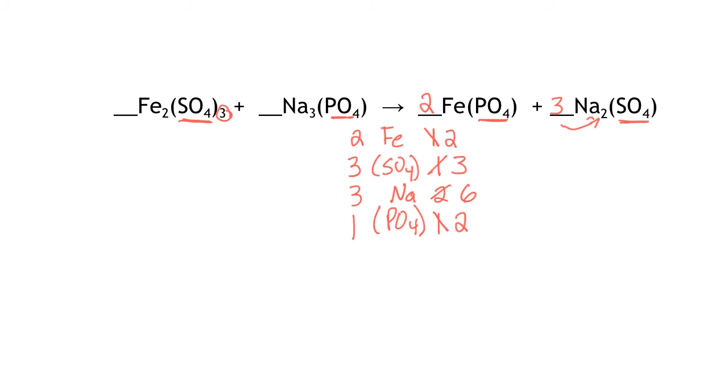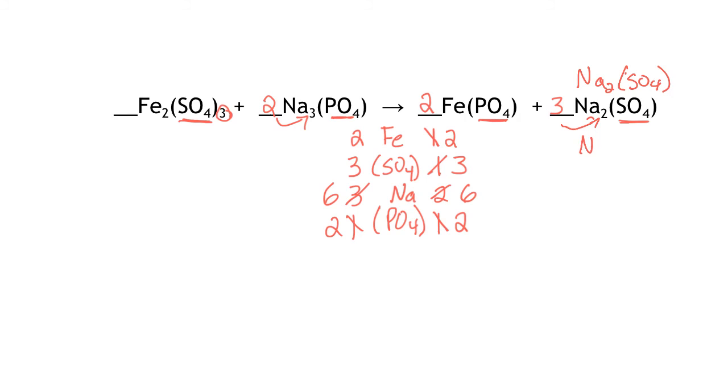So I'm going to go back over to the reactant side, and I have to have 6. If I put a 2 in front here, now I'm going to have 3 times 2. I'm going to update my total. I have 6. The PO4, I'm now going to have 2 of those, and that's going to give me 2. When I have 3 in front of this, that means I've got 3 Na2SO4.